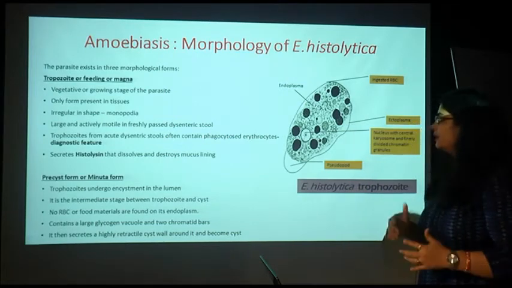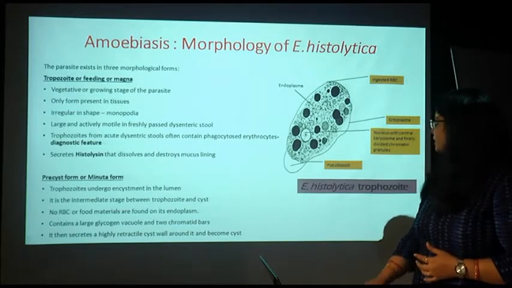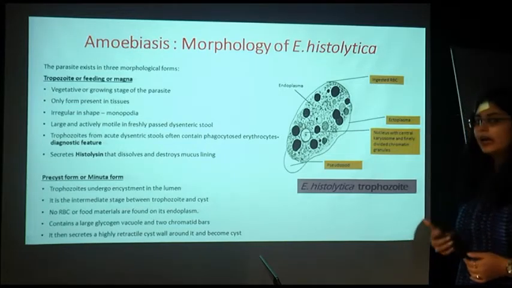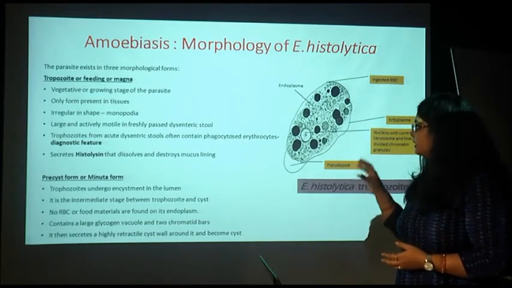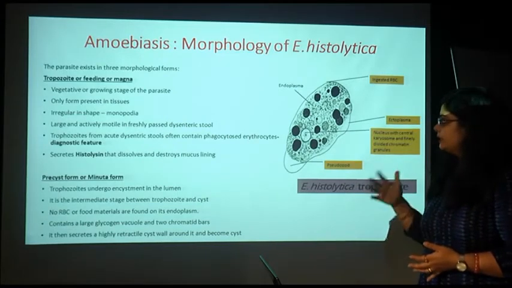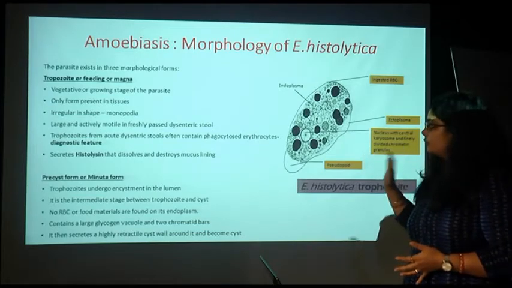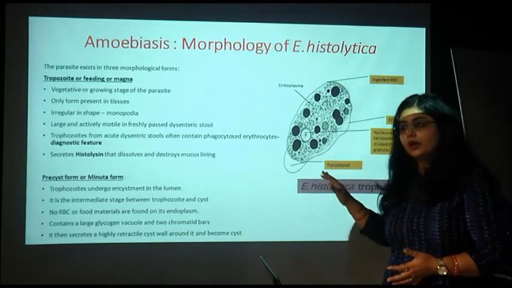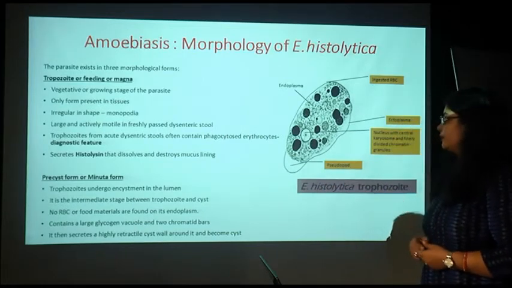It is irregular in shape and has a single pseudopodium, referred to as a monopodia. These are large and actively motile. When the trophozoites multiply in number in the intestine, they are passed in the dysenteric stools, and these trophozoites are what are used to diagnose the presence of Entamoeba.